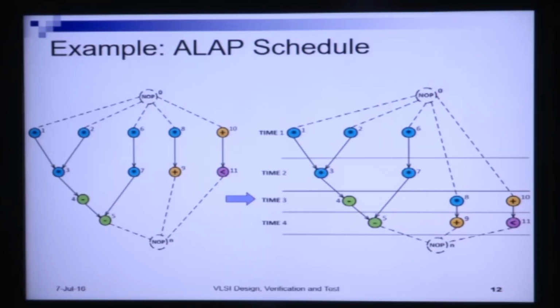NOP depends on operations 5, 9 and 11, so these 3 operations have been scheduled in time step 4. At time step 3, all operations on which 5, 9, 11 depend can be scheduled, so 4, 8 and 10 have been scheduled in time step 3. In time step 2, 3 and 7 have been scheduled similarly, and in time step 1, 1, 2 and 6 have been scheduled. So this is the ALAP algorithm.